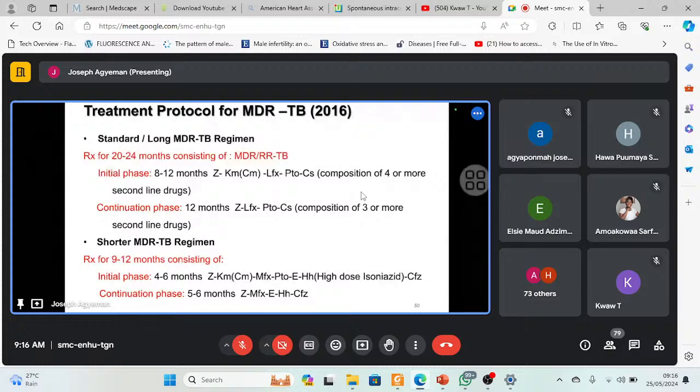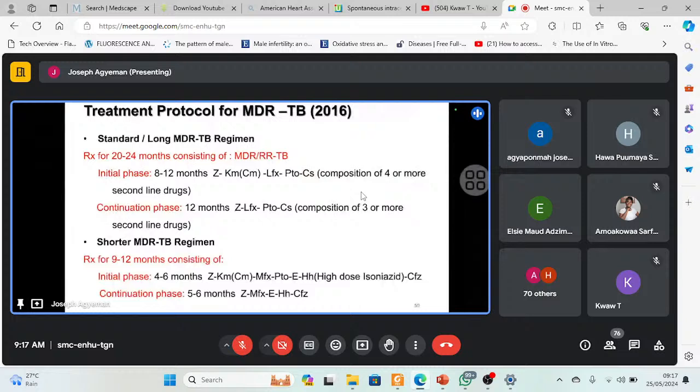Then the so-called shorter regimen for the multi-drug resistant TB, of course, will take a lesser duration of therapy, 9 to 12 months as compared to 20 to 24 months. Of course, once you are shortening the duration, then it means the doses and even the number of drugs in the shorter regimen will be higher as compared to the longer regimen.